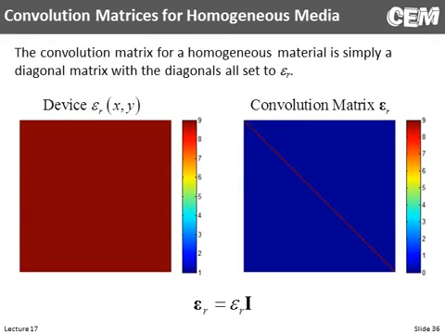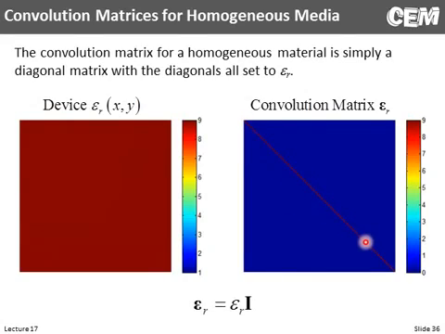So what happens if our device is perfectly homogeneous? Well, it turns out we don't have to do any of the FFT stuff. The convolution matrix of something that is homogeneous is just a diagonal matrix. It has all zeros out here, all zeros down here, but something other than zero going down the diagonal.